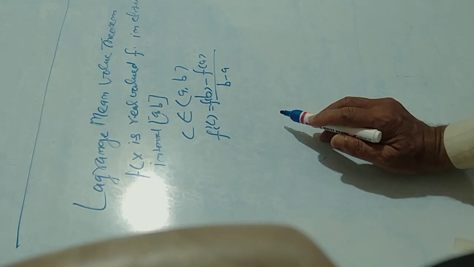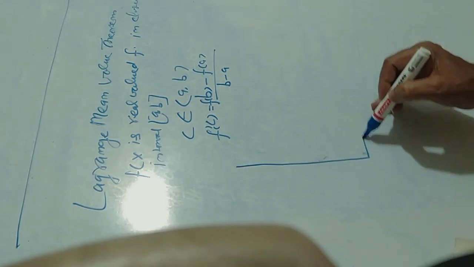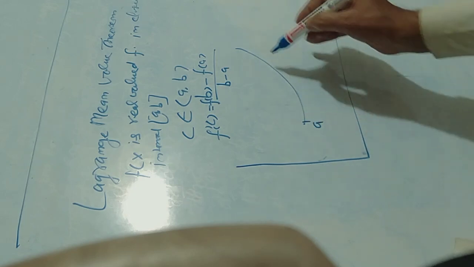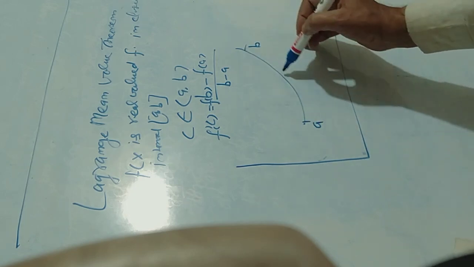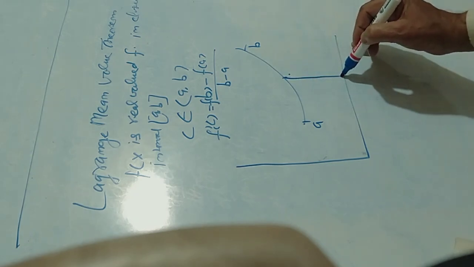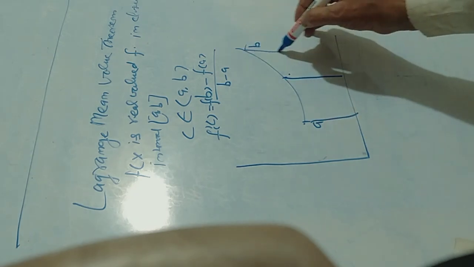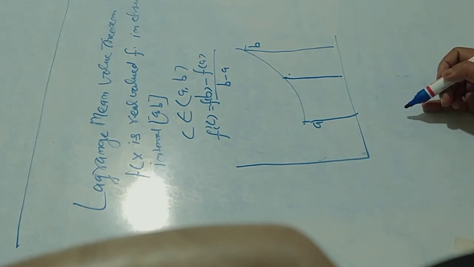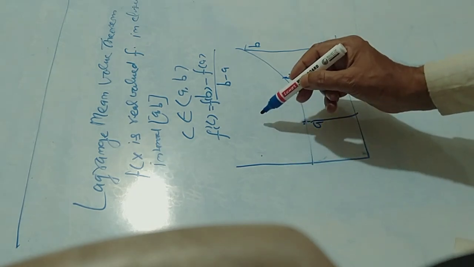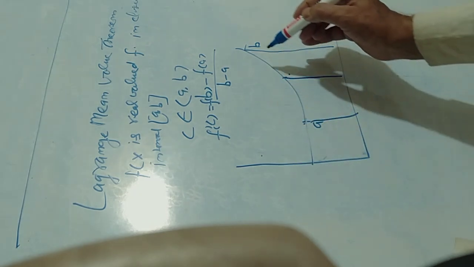Now in the case of this curve, it is a and it is b. Here c lies in the open interval between them. Here is f(a), and this is f(b).